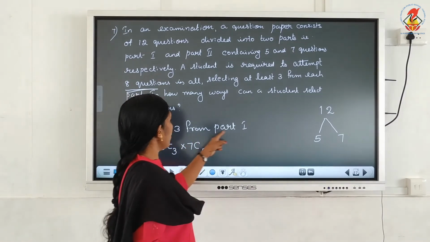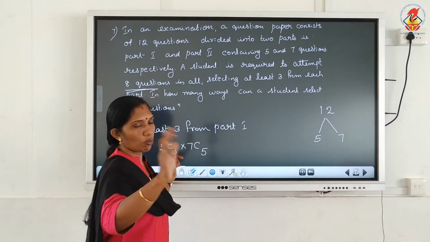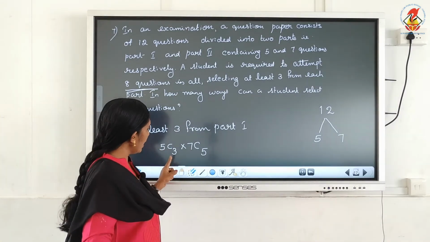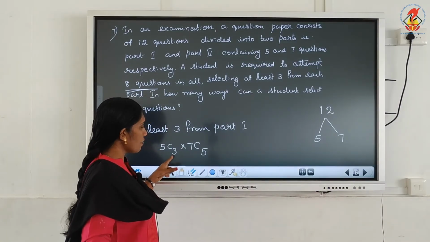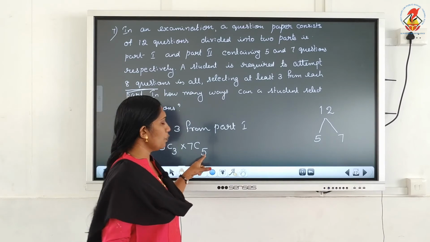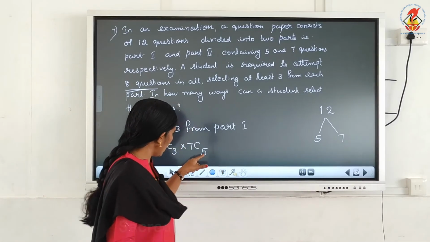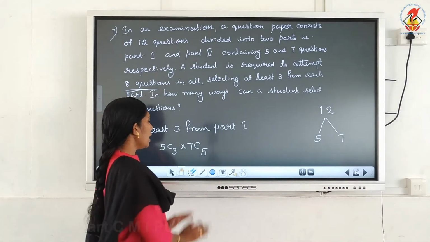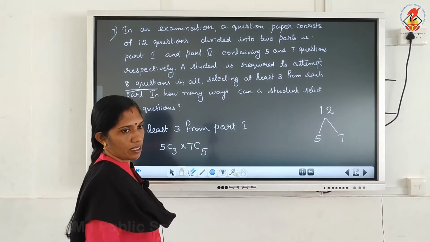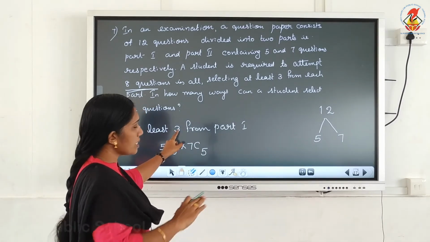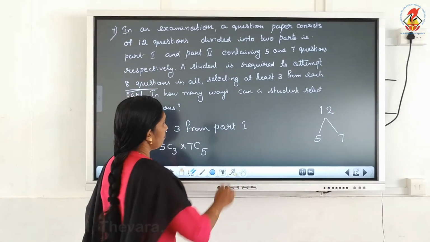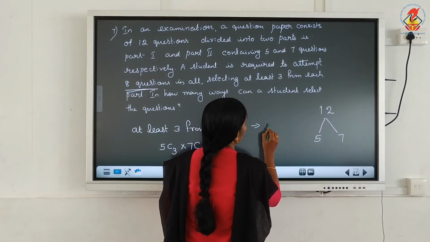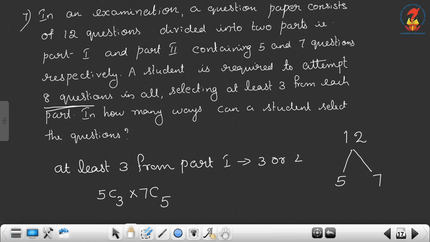At least 3 from part 1 means 3 or more. If we take 3 questions from part 1 and 5 questions from part 2, then 3 plus 5 becomes 8. Now, either this case or, since at least 3 means 3 or more, 3 or 4 or 5, the maximum is 5 here.